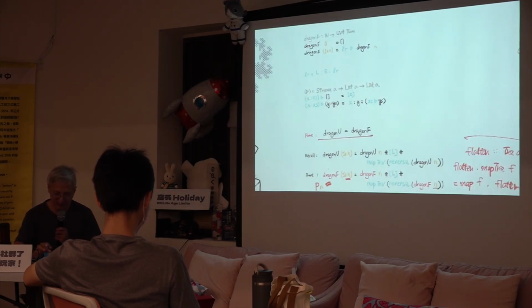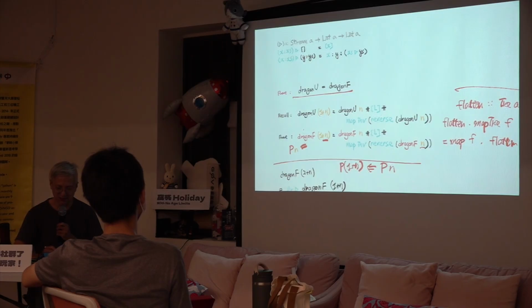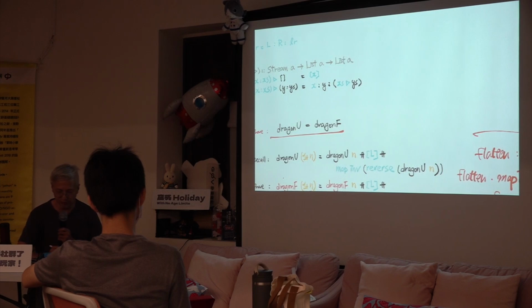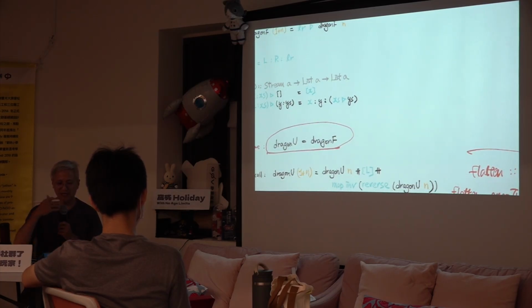However, maybe it helps if I show you how this actually works? Assuming that now I want to prove dragon U is dragon F, I skipped some steps, which are actually like this. I want to prove that dragon U is dragon F by induction.